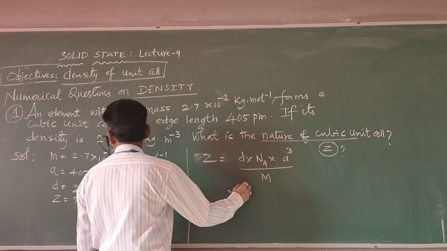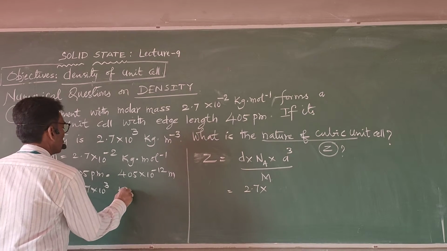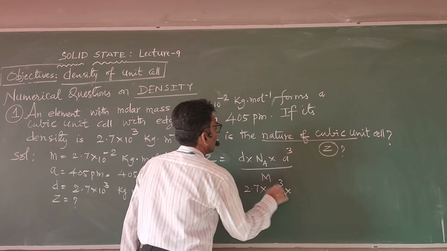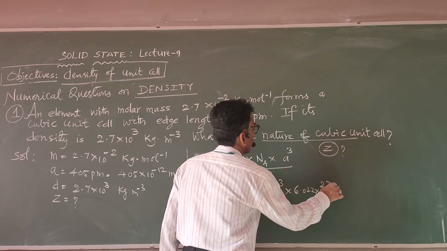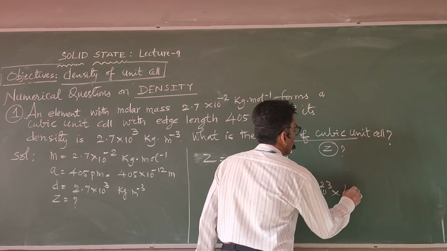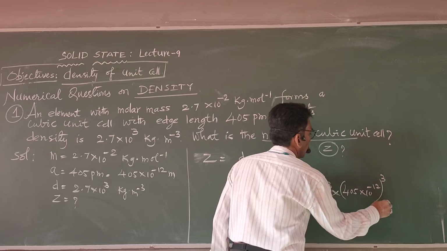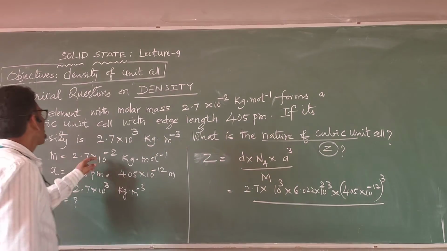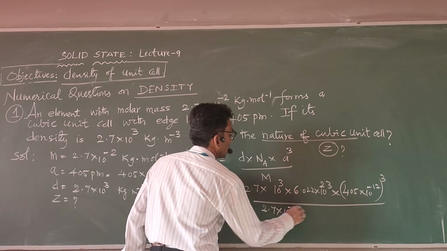Density is 2.7 into 10 to the power 3 kilogram per meter cube, into Na 6.022 into 10 to the power 23, into a, 405 into 10 to the power minus 12, whole cube, over molar mass 2.7 into 10 to the power minus 2.